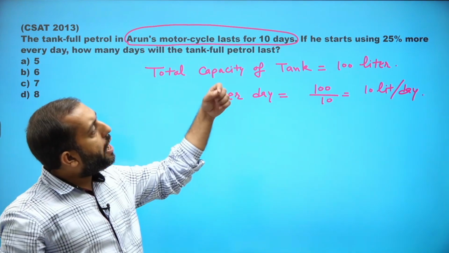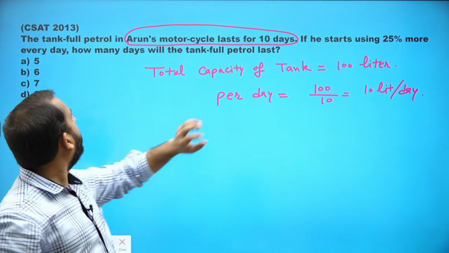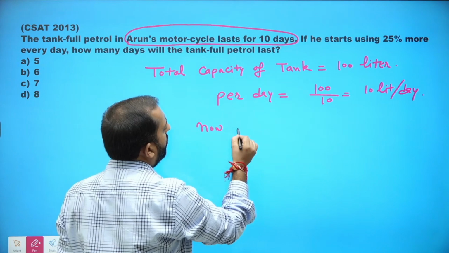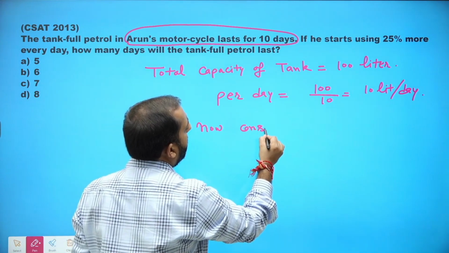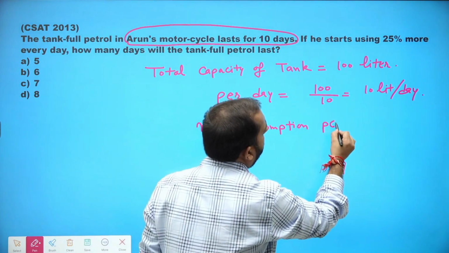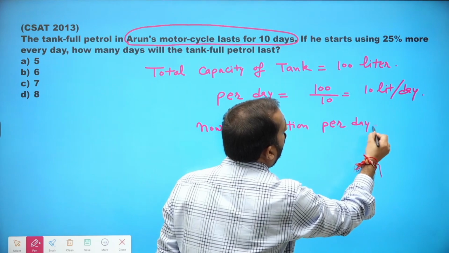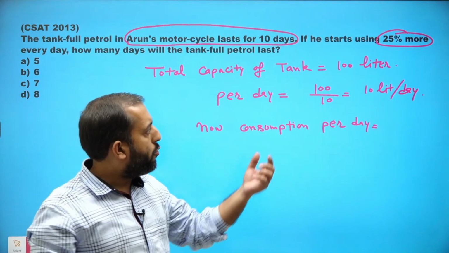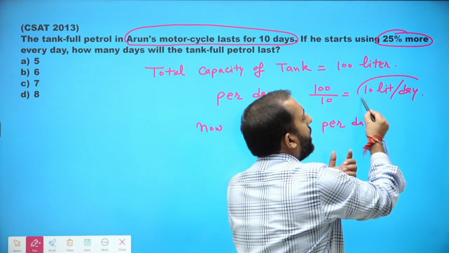Now if we start using 25% more every day, what is the consumption per day? It is 25% more than the original. Originally he was consuming 10.